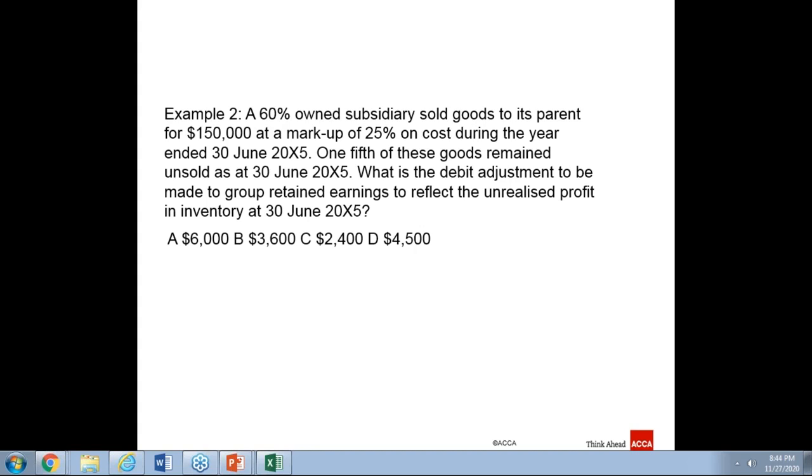And the unsold stock is 1/5, 1 divided by 5. So it will be 6,000. But because the subsidiary company has sold goods to the parent company, we have to make an adjustment of 60% of this value. So the right answer for this case will be B.